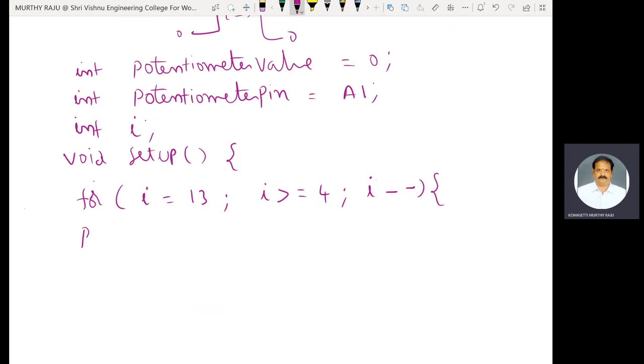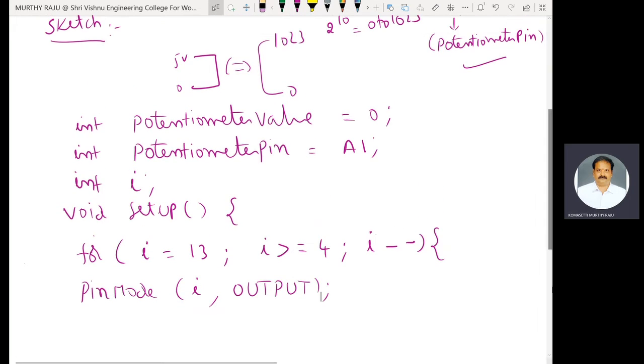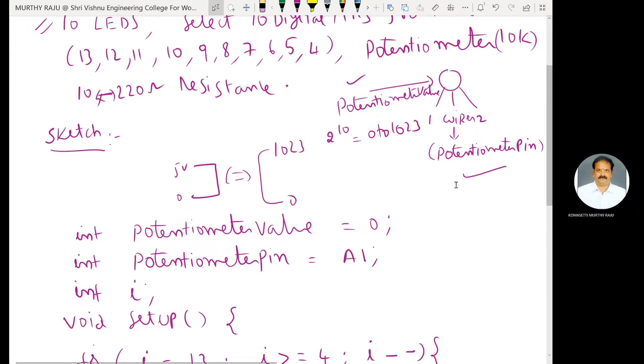In pinMode, I, output. These 10 pins are defined by using this for loop. And one more important device defined here is the potentiometer pin.